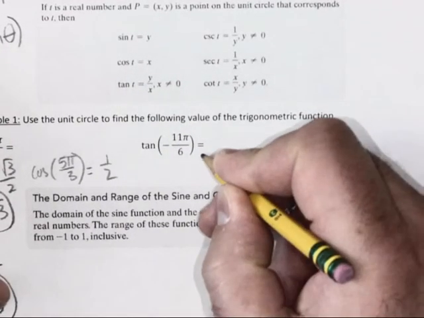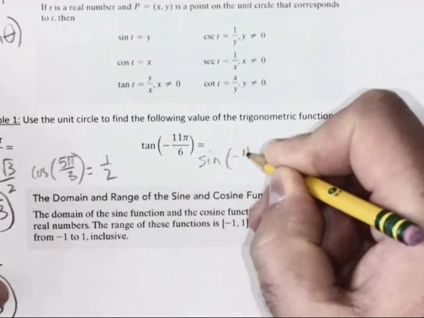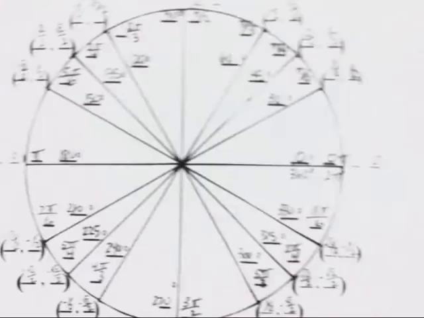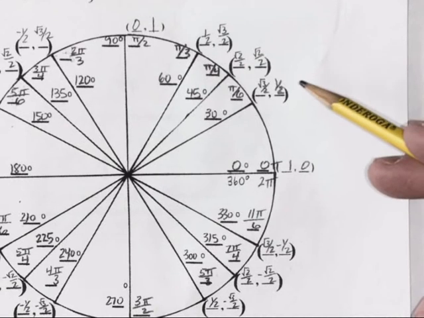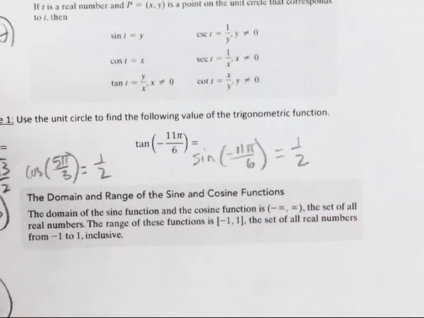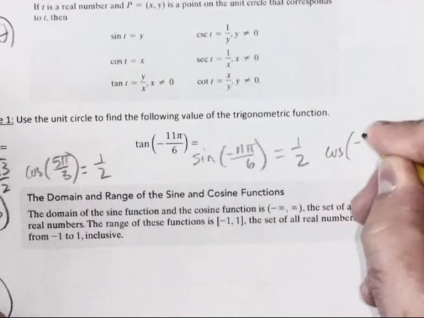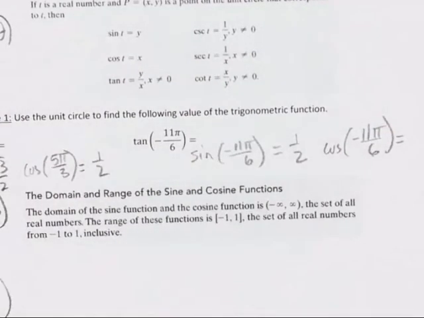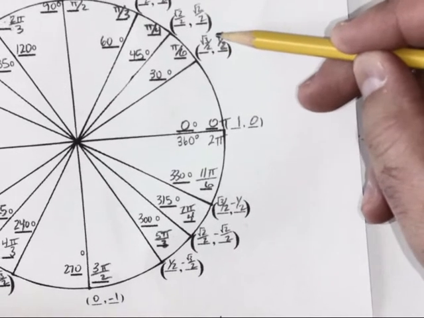I know that the sine of negative 11 pi over 6, coming from my unit circle, is going to be equal to a half. And I know that the cosine of negative 11 pi over 6 is equal to root 3 over 2.